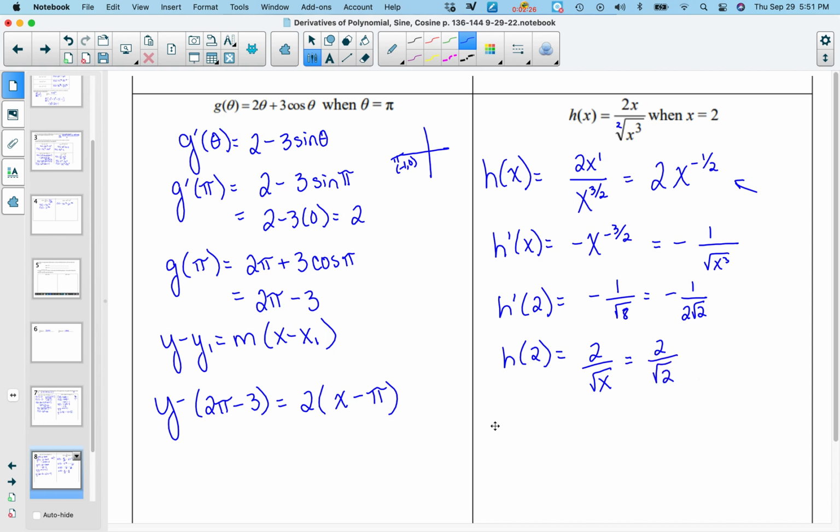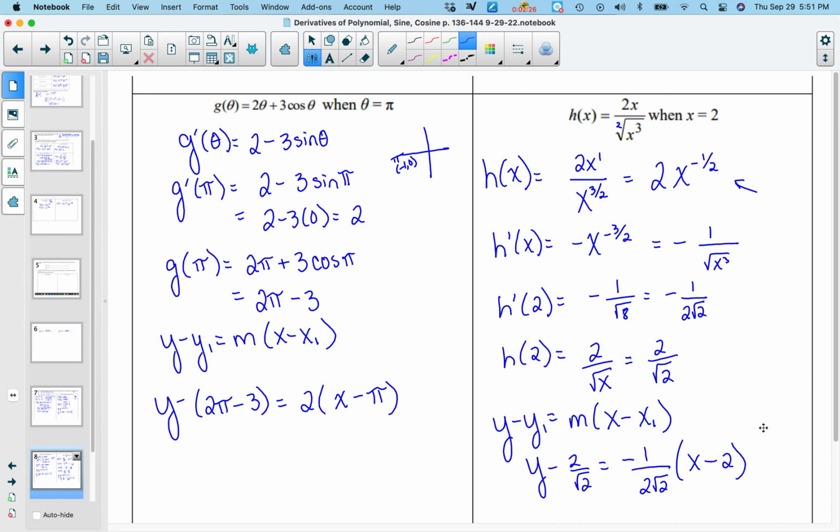Now I'm ready to put that into my y minus y1 equals m times x minus x1. So we have y minus 2 over root 2 equals, my slope was negative 1 over 2 root 2, times x minus 2.